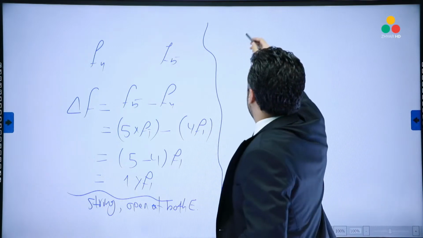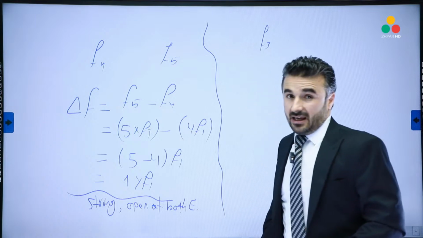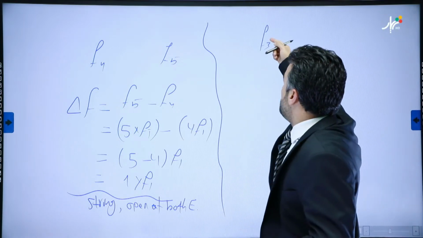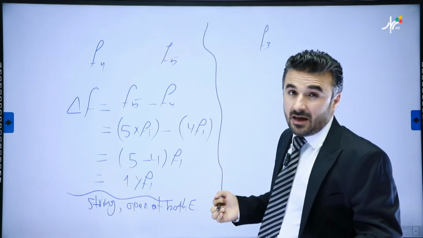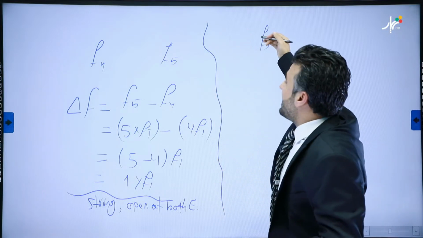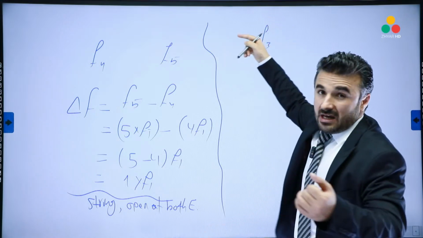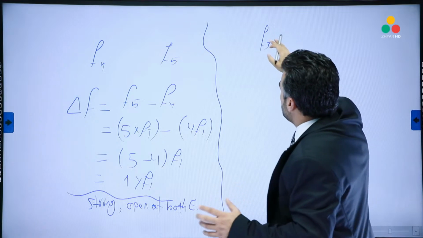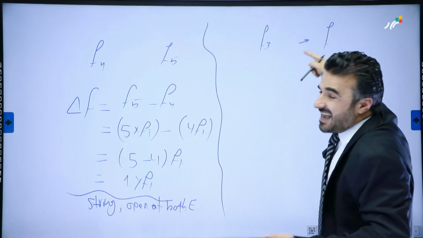So let's say we have one of the harmonics, the third harmonic, which is basically F3. But remember, we're not ordering the name. That can also be called the second in order, the one that comes after the first one, because we don't have the second harmonic here. So let's say we want to find the difference between F3 and the one that comes after it.